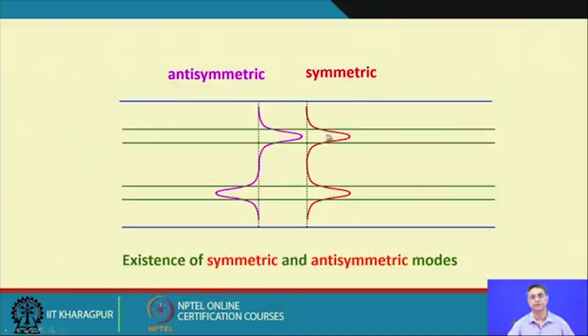So, they will be added up, and these two will be cancelling each other. It is as good as saying that there is a wave confined only in one waveguide. So, the superposition of these two modes at z equal to 0 will be equivalent to an input in the first waveguide.